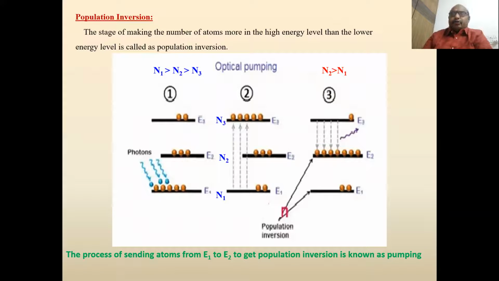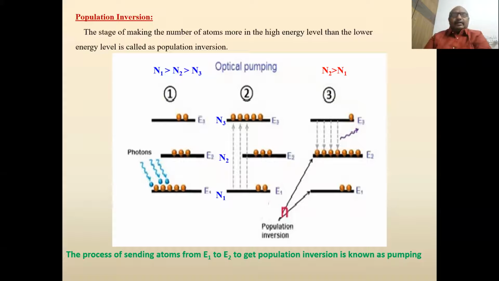It is necessary that the population of the higher energy level is greater than the population of the lower energy level, that is, N2 greater than N1. The state of making the number of atoms higher in the high energy level than in the lower energy level is called population inversion. Consider N1 greater than N2 greater than N3.